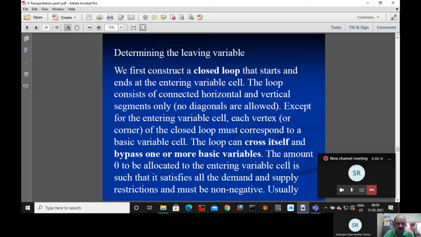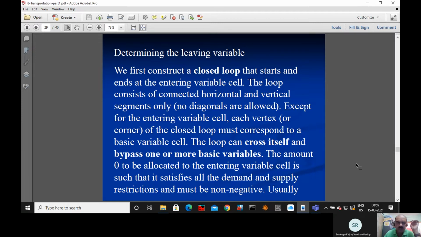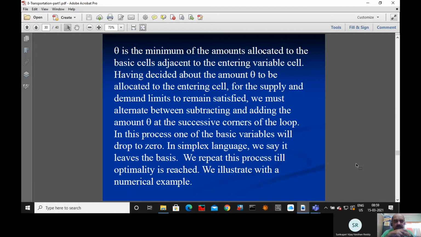The amount theta that we allocate to the entering variable cell is such that it satisfies all the demand and supply restrictions and must be non-negative. Usually theta is the minimum of the amount allocated to the basic cells adjacent to the entering variable cell.